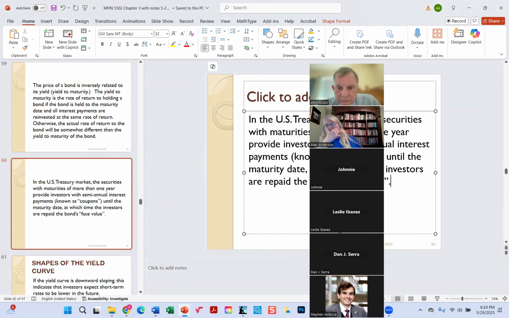Okay, so in other words, the bond is issued with a face value, which is typically $1,000, or some multiple of 1,000. So if you buy a 30-year treasury bond today, you're going to pay $1,000 for it. And for the next 30 years, you'll get semi-annual interest payments or coupons. And then at the end of the 30 years, you'll get your $1,000 back. Okay, this is how they're structured.